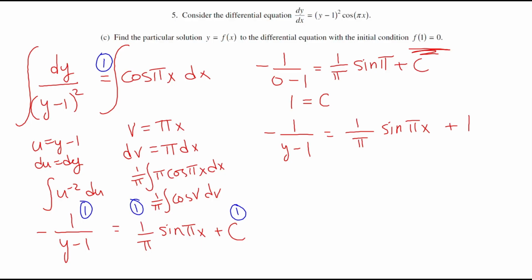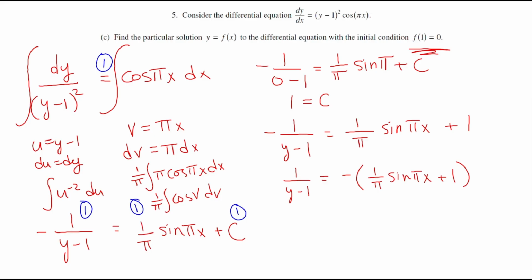And so we'll get rid of the negative sign here. There's a couple options on how to get rid of that negative sign. I'm just going to say we now have 1 over y minus 1 is equal to the opposite of 1 over pi sine pi x plus 1 to start with. And then we need to take a reciprocal of both sides.